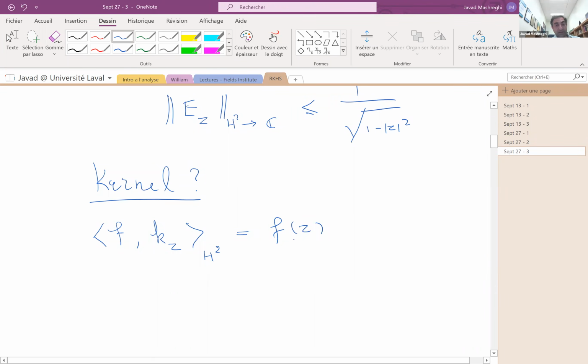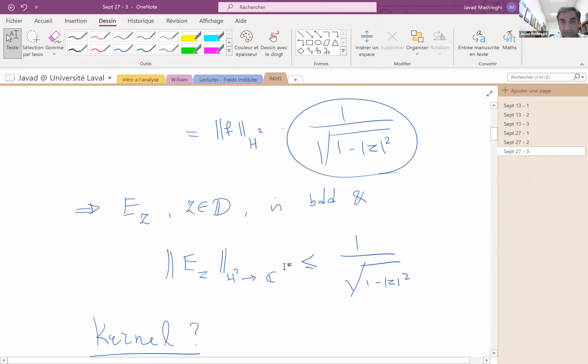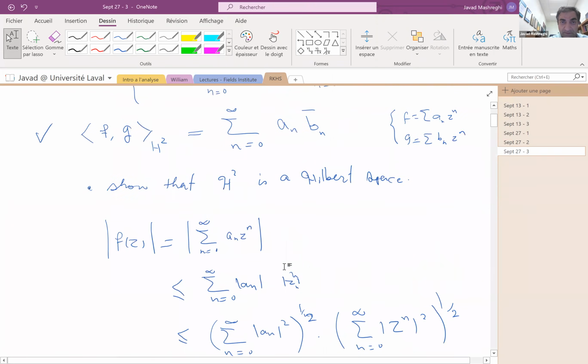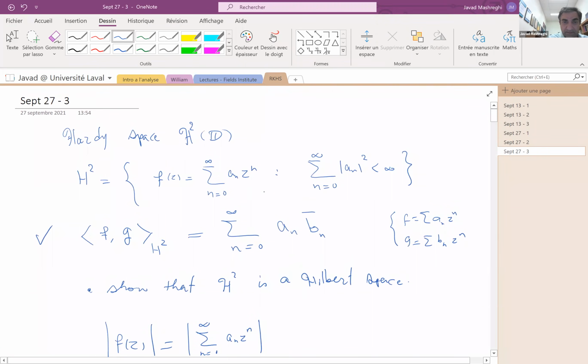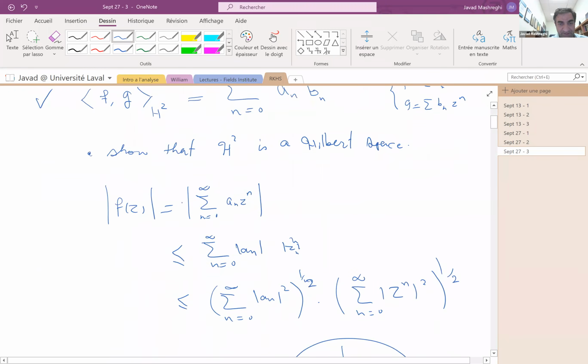Now we use the formula that we had at the very beginning. f at the point z is given by a Taylor series.